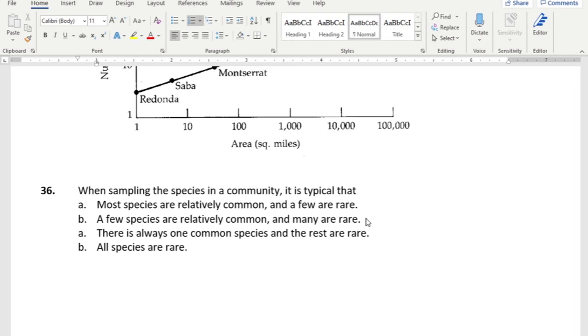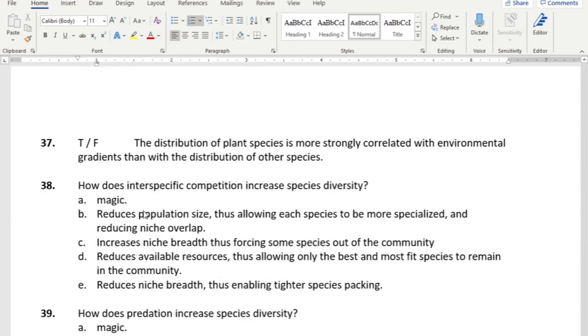You'll have cardinals, and you'll have wrens and chickadees, depending on what you're putting in your bird feeder. Every now and then, you'll get a grosbeak or a bunting or something of that sort. But there are going to be a few species that are common, and many of them are going to be rare. So the correct answer for 36 is going to be B.